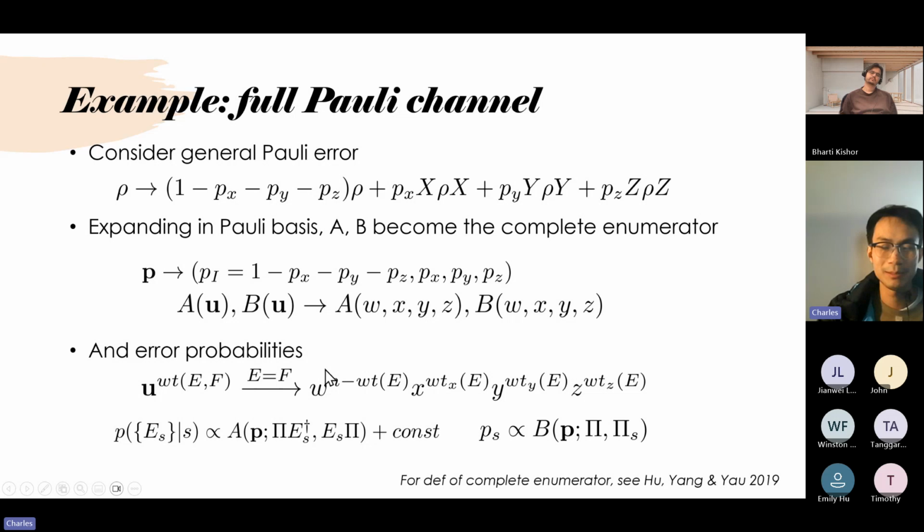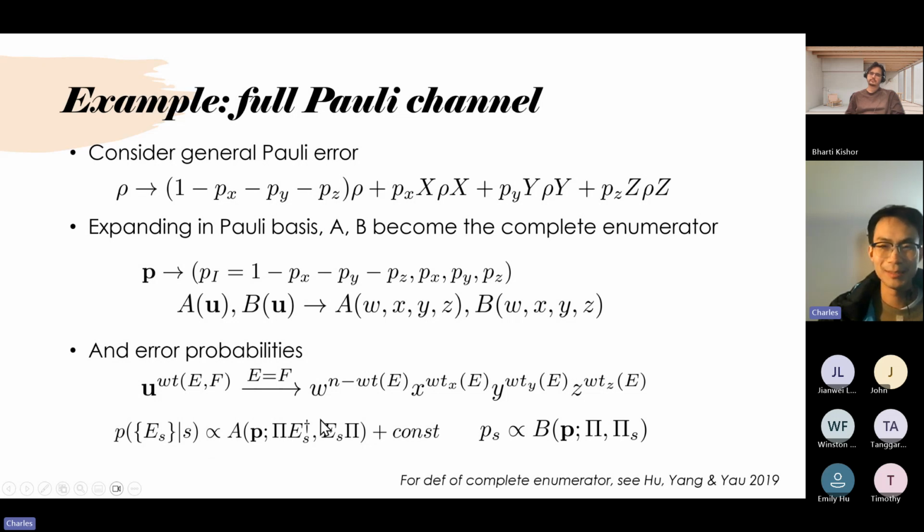So you just plug this weight function, the weight function of E, F, into W. Then after that, you will get a new enumerator polynomial that looks like this form. And then by plugging in these error probabilities into the enumerator, you will still get back what we wanted before, which is this conditional error probability.